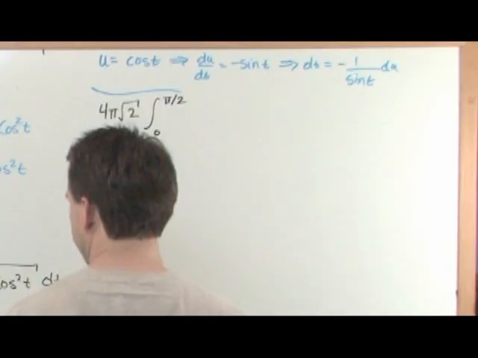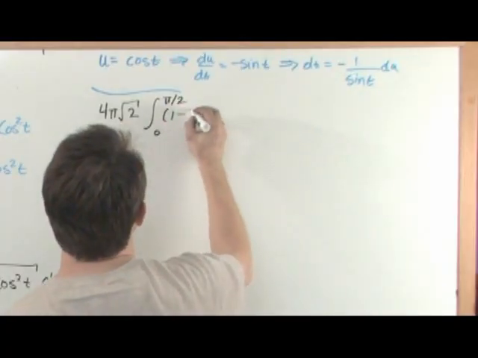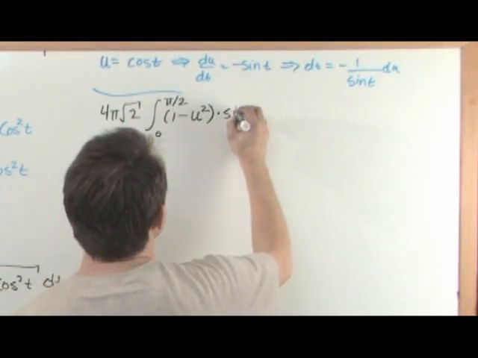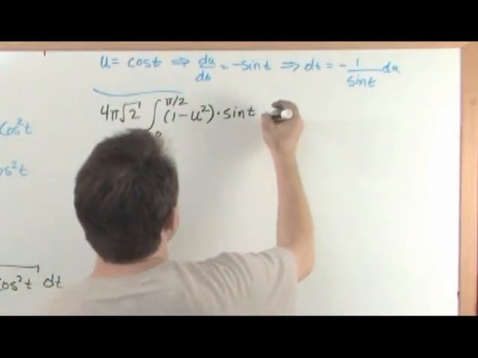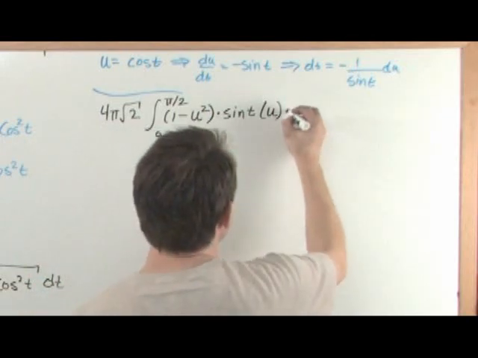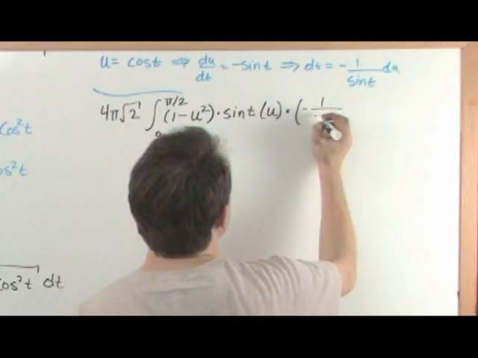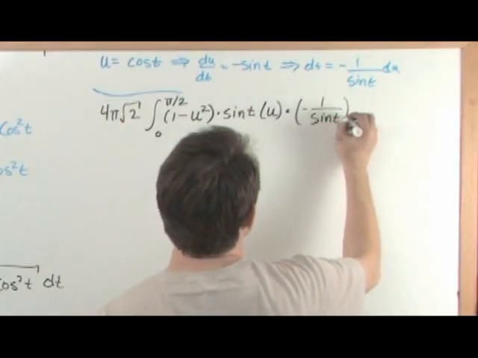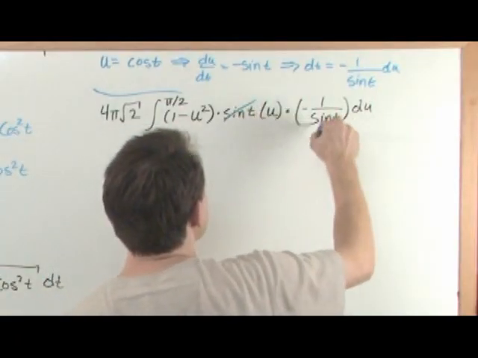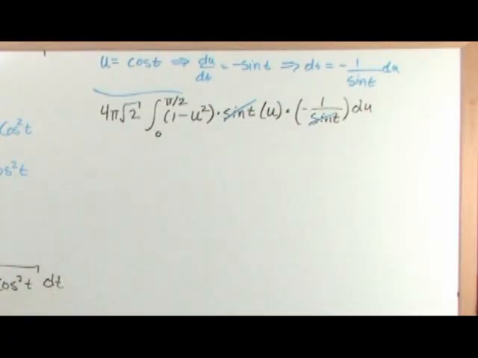And we said u is equal to cosine, so it's going to be 1 minus u squared, because I had 1 minus cosine squared, times the sine of t, which is what I'm hoping to cancel, times cosine of t, but that's now u, times dt, but I just found that dt was negative 1 over sine t du. That's exactly why I did it, because this sine cancels with this sine. Now I have an integral only in terms of u.